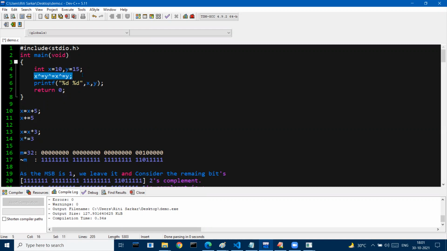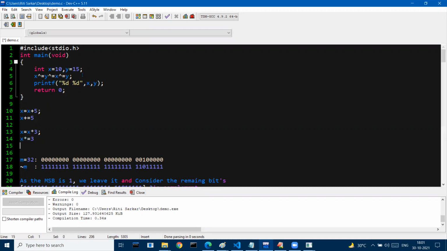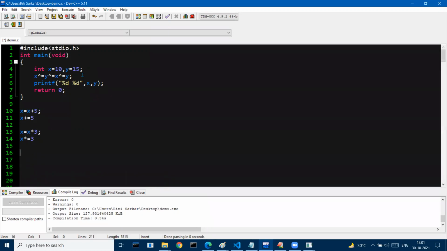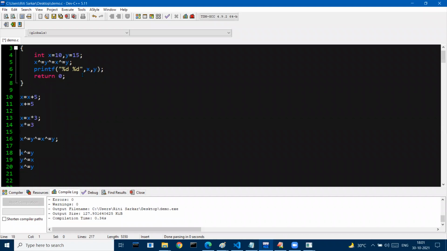Now if you carefully look at this expression, it actually means x ^= y, y ^= x, x ^= y. This is the coding, sir. x ^= y actually means what, guys? x = x XOR y.